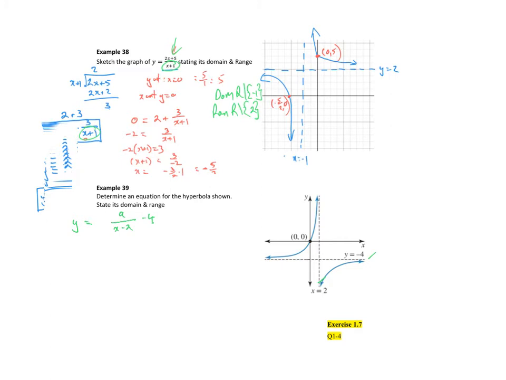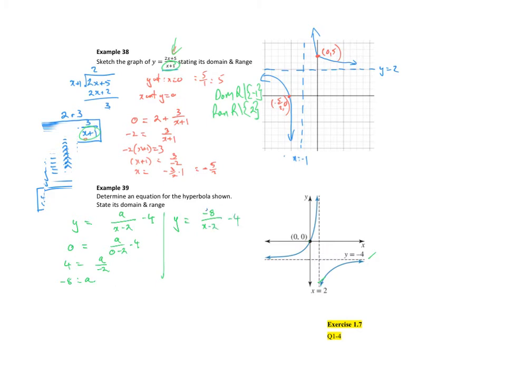So if I substitute 0, 0 in, I get 0 is equal to A over 0 minus 2, minus 4. Take the 4 over. 4 is equal to A over -2. -8 is equal to A. So in actual fact, my graph is y equals -8 over x minus 2, minus 4.